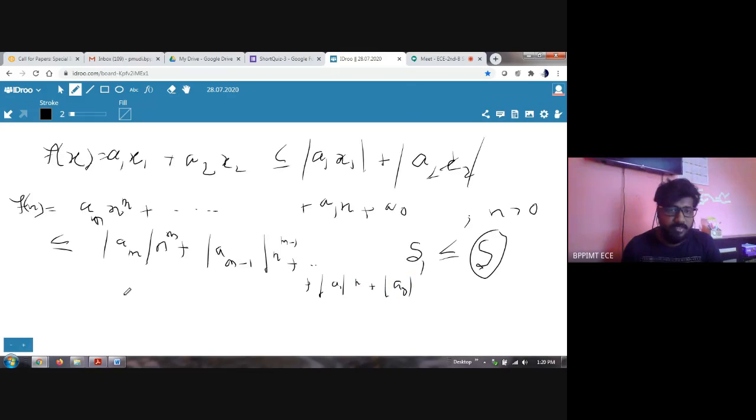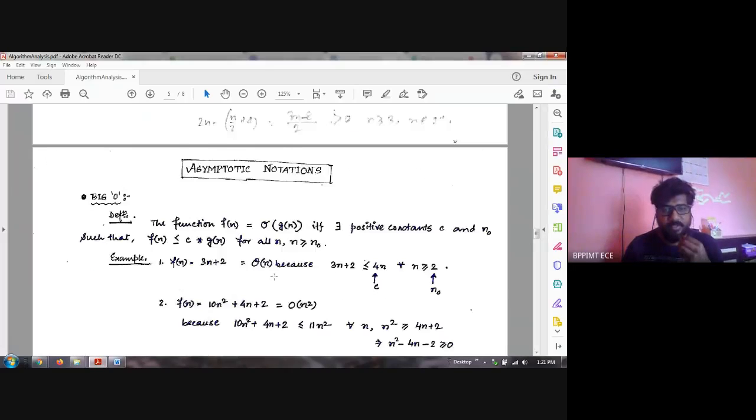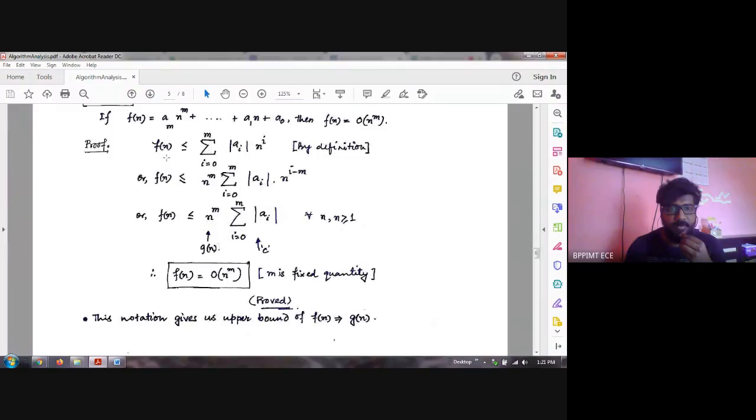This expression is nothing but the summation over i equal to 0 to m of mod of ai into n to the power of i. That has been written in the PDF. That is, f(n) is less than or equal to the summation over i equal to 0 to m of mod of ai into n to the power of i.